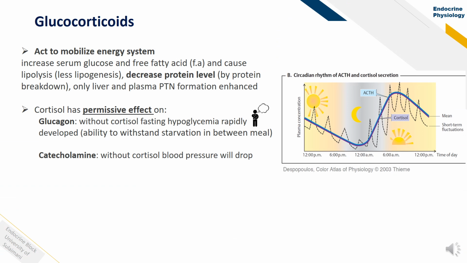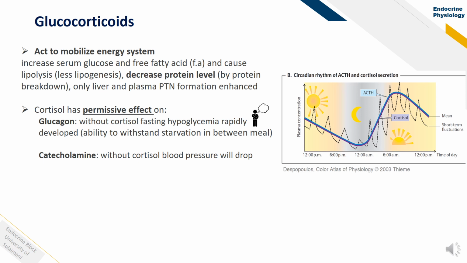So the most important glucocorticoid is cortisol, which acts to mobilize energy. Let's see what the action of cortisol is. Cortisol, as we said, is a stress hormone. It causes mobilization of free fatty acids and glucose from the cells into the blood.